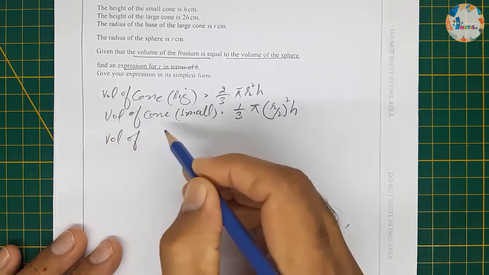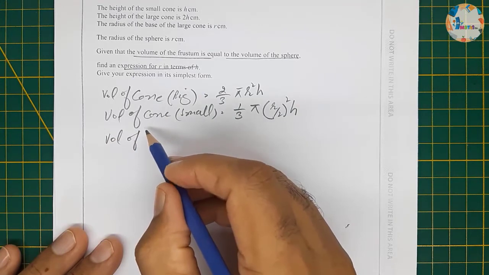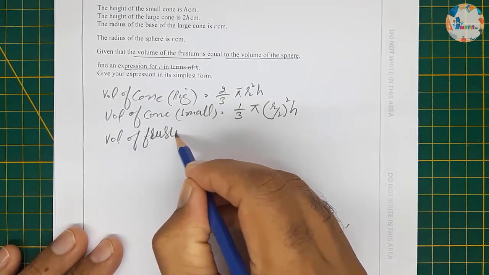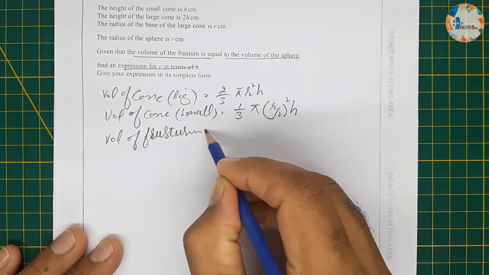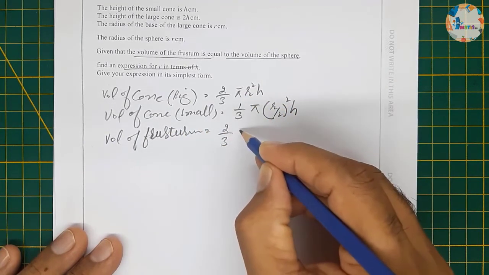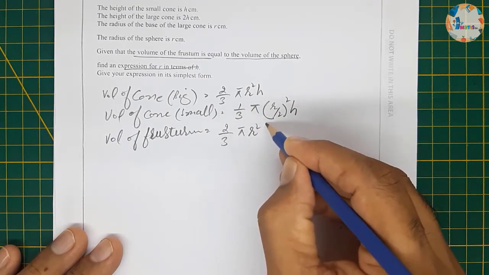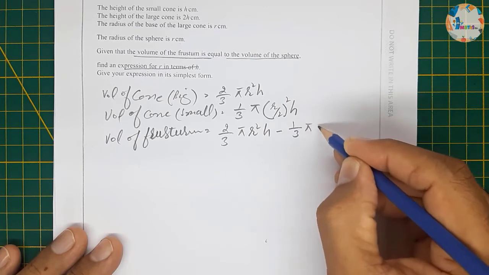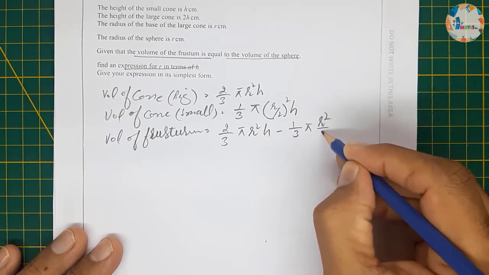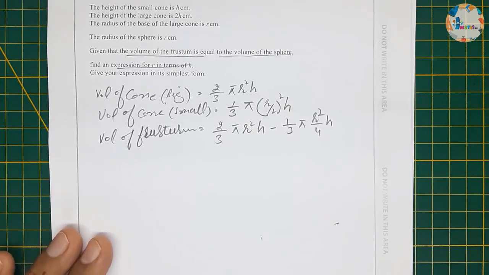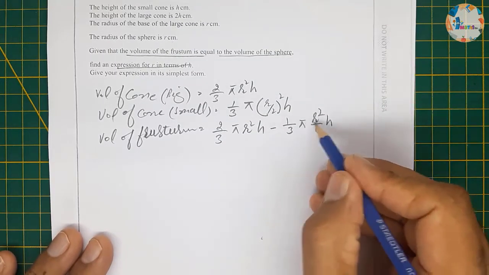Volume of frustum will be equal to this minus this, which is 2 by 3 pi r square h minus 1 by 3 pi and r square over 4 h. So this is how we can write, and this one we can simplify.